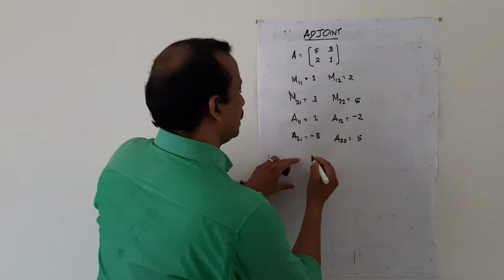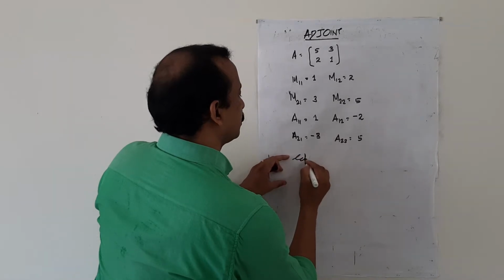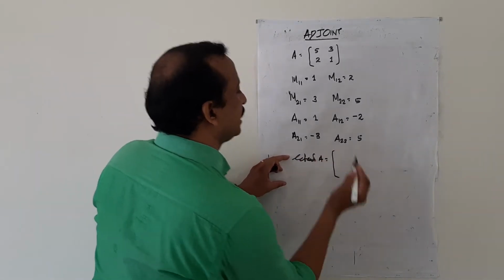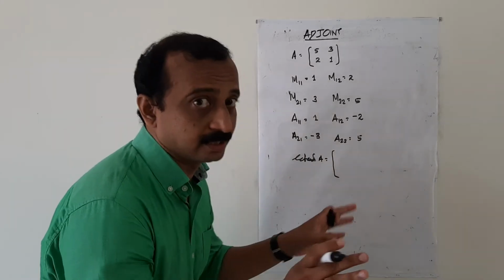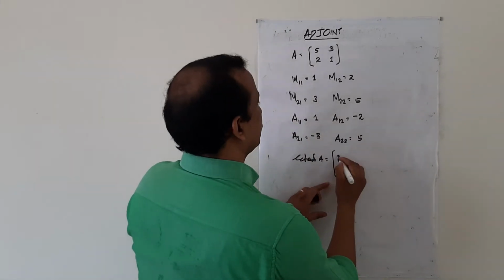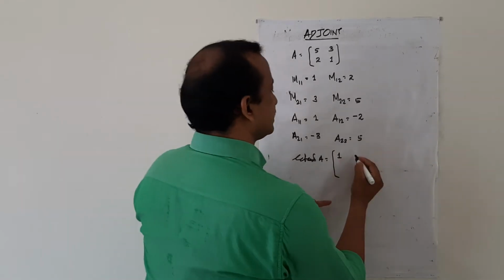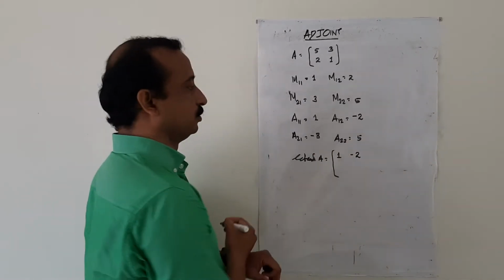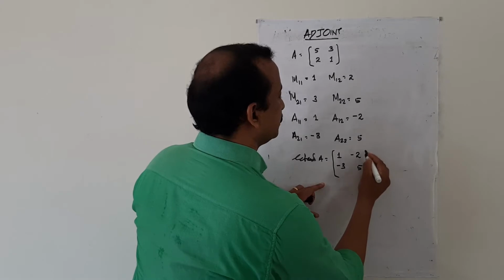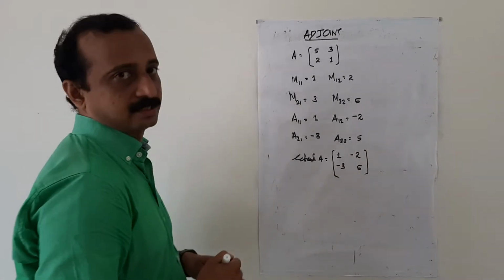No change. And therefore, the cofactors of the given matrix A, it's a matrix, not a determinant. Cofactors of A is first element cofactor is 1, second element cofactor is -2, third element is -3, and fourth element is 5, which is the cofactor of the given matrix.